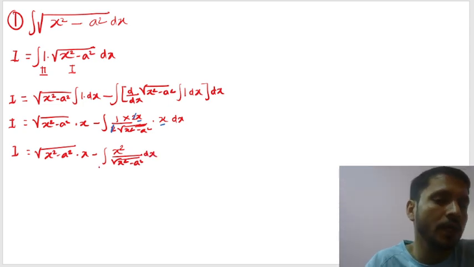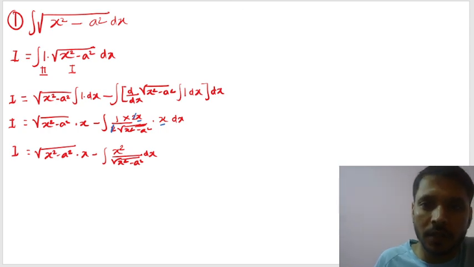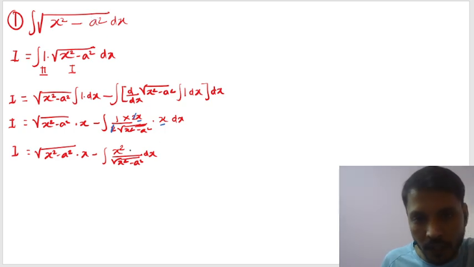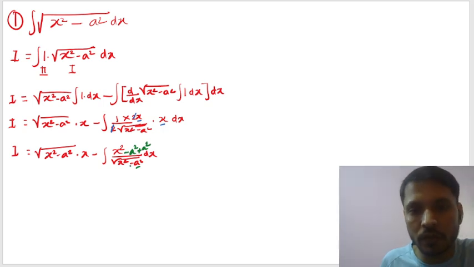Now what do we have to do? We are going to add and subtract some terms in the second term here so that we can simplify it. Here I am going to subtract a square. Why am I doing this? Because in the denominator we have x square minus a square, so I want to make the numerator equal to this, and then I am adding a square, so that the addition and subtraction is overall 0 only.